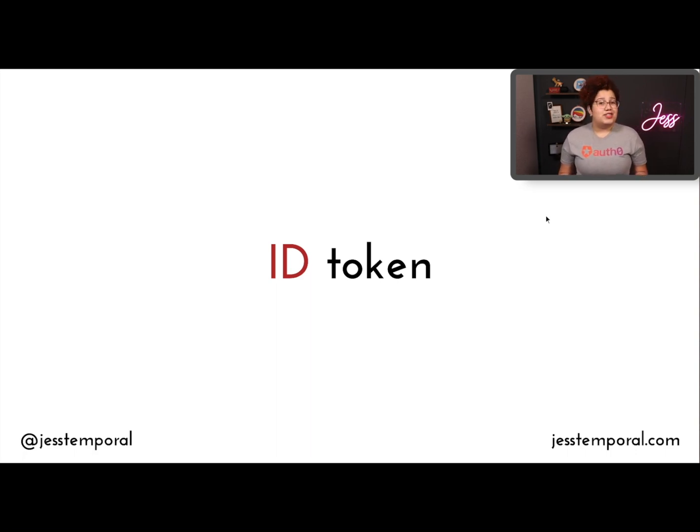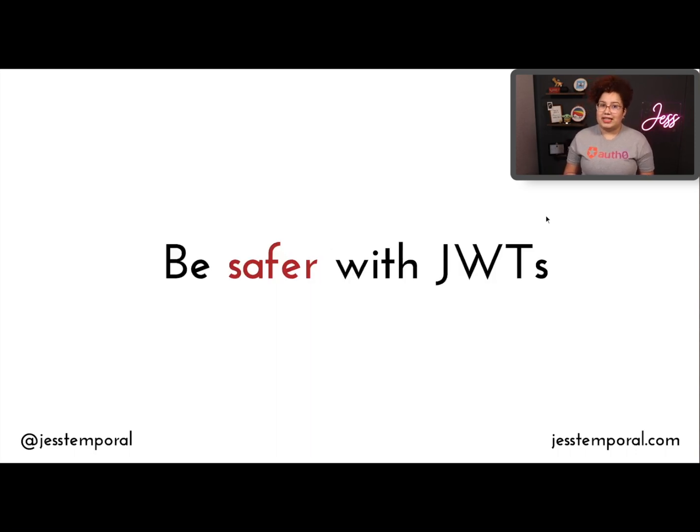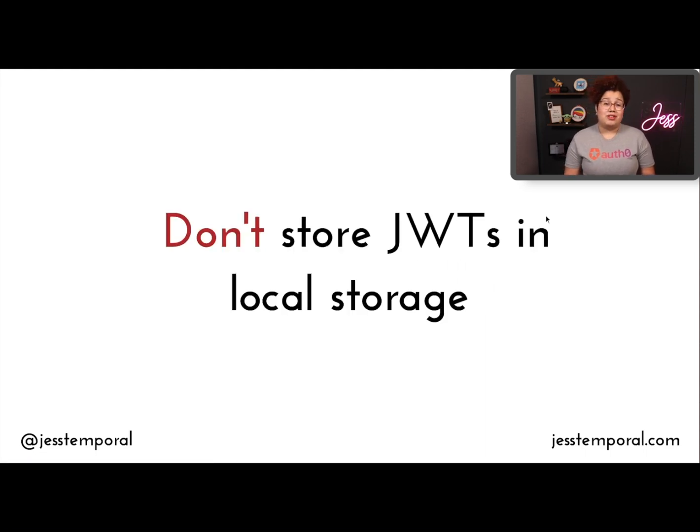Now that you've seen how JWTs are made, you may be wondering what you should do to be safer when using JWTs in your application. The first thing you should avoid is storing your JWTs in local storage. If you need them for validation purposes, you should store them in memory.